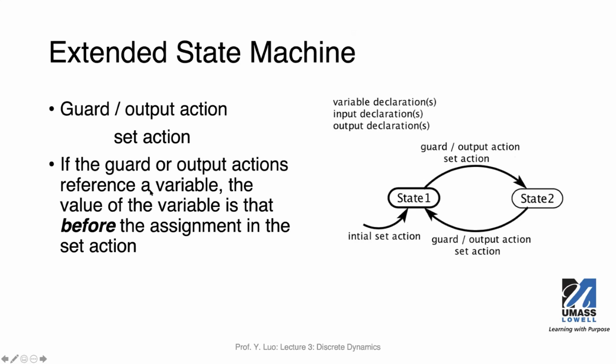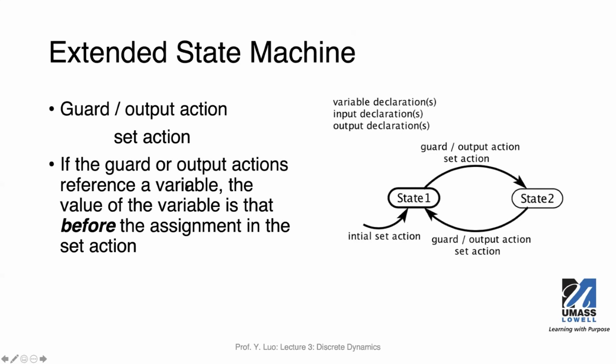And the reason we have to do C+1 in the previous case is that when the guard is evaluated to be true, the output actions refer to a variable, and we are using the values before the assignment of the set action.